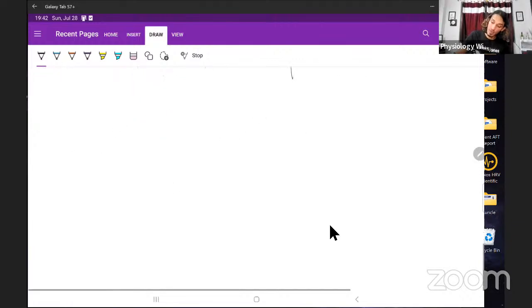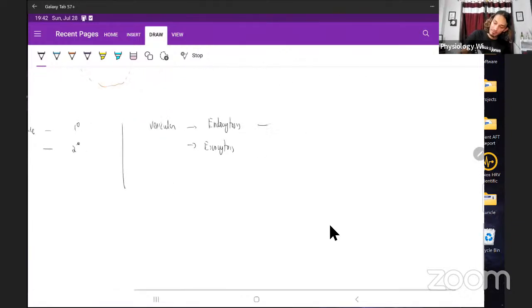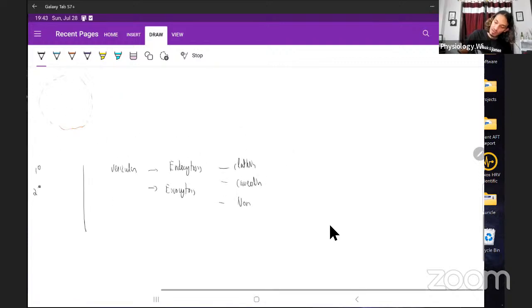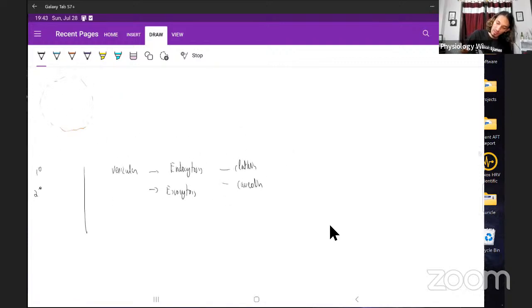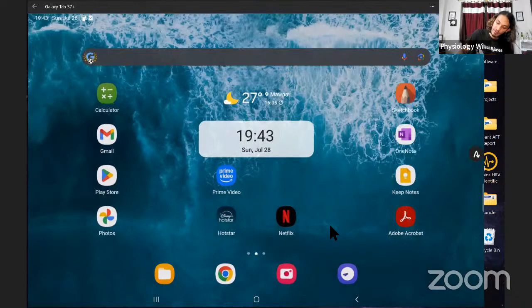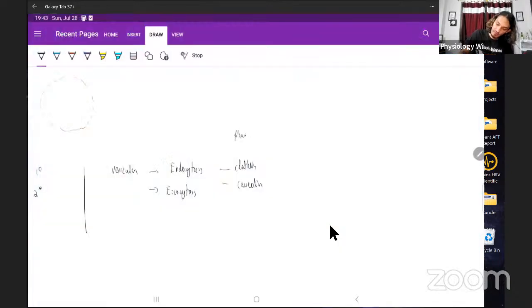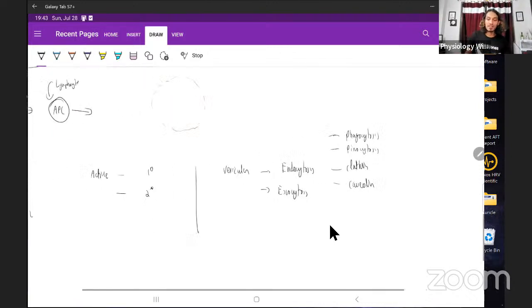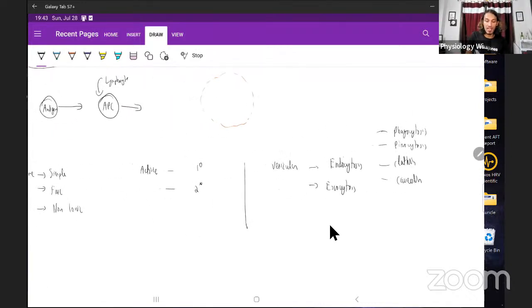This is where you talk about your clathrin, caveolin, and you can talk about your phagocytosis, pinocytosis. So all of these things need to be described here.